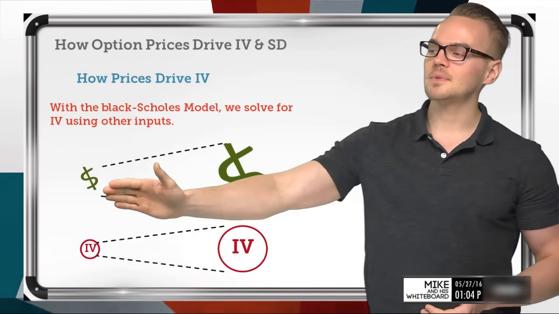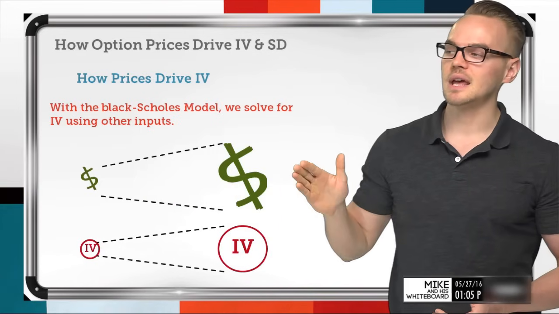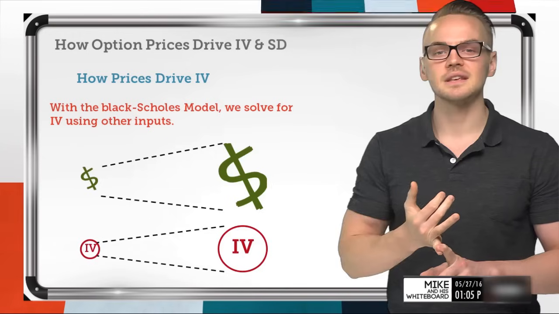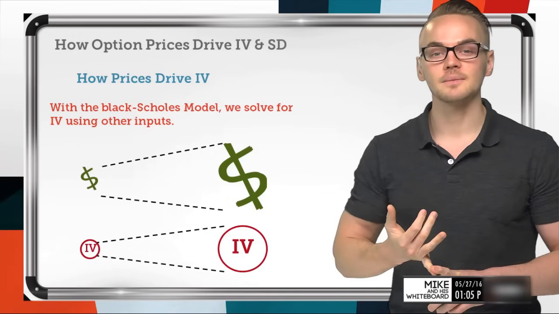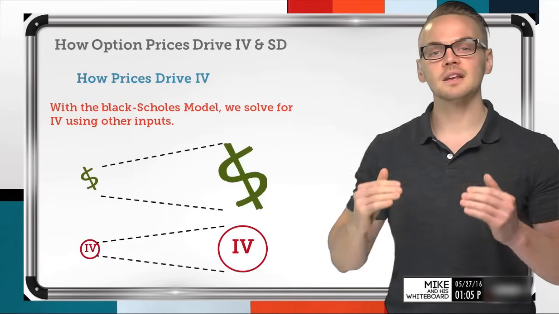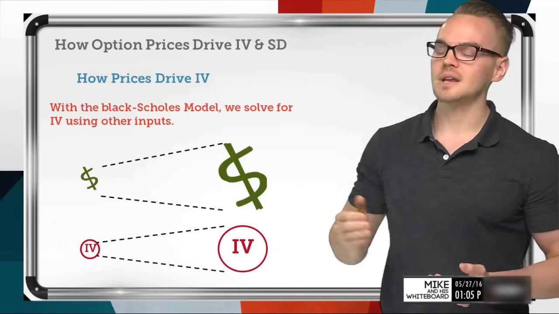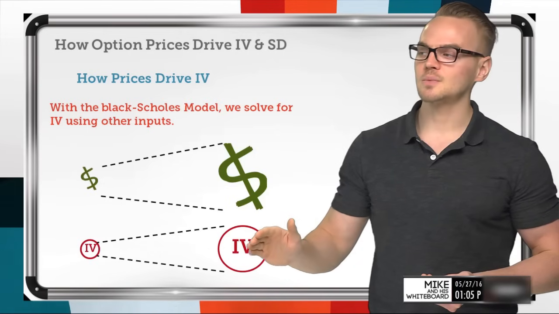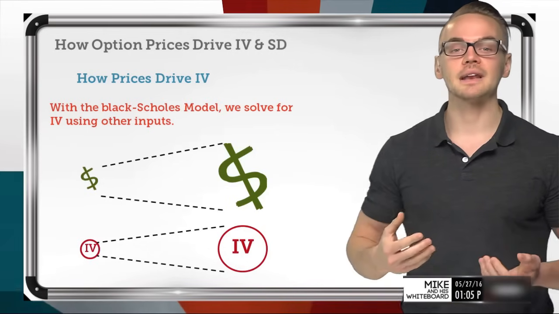But if option prices start to gain value with all other things held constant, meaning no increase in intrinsic value and not much passage of time, we can attribute that increase to an increase in speculation. Because of that increase in speculation, we're going to see a larger implied volatility.